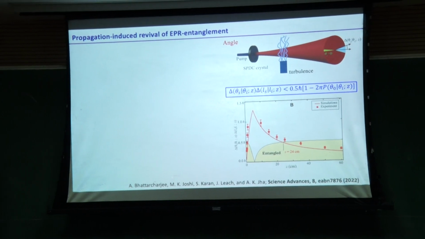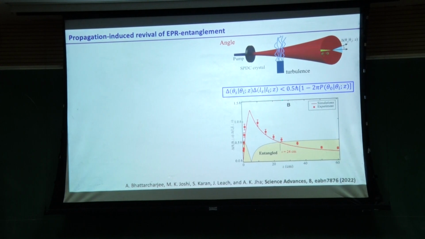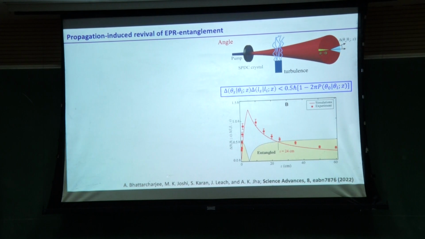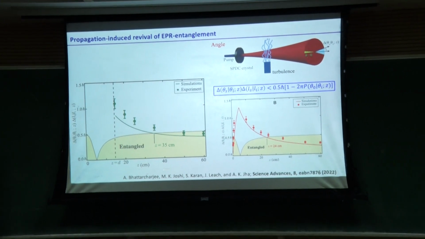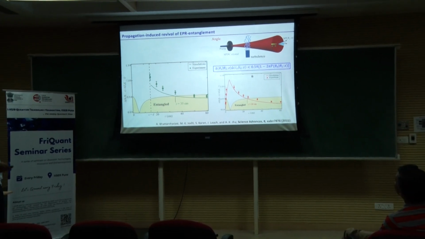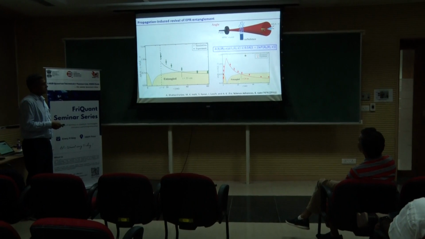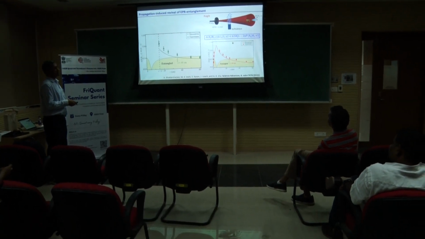Now the even more interesting part is, let's say I introduce some turbulence, and of course turbulence affects everything in the worst possible way. So if something is entangled and goes through turbulence, of course you will lose entanglement. But we found that even after going through a turbulent medium, entanglement revival still happens. Before, it was happening at z equal to 24 centimeters, now the revival is happening at z equal to 35 centimeters.